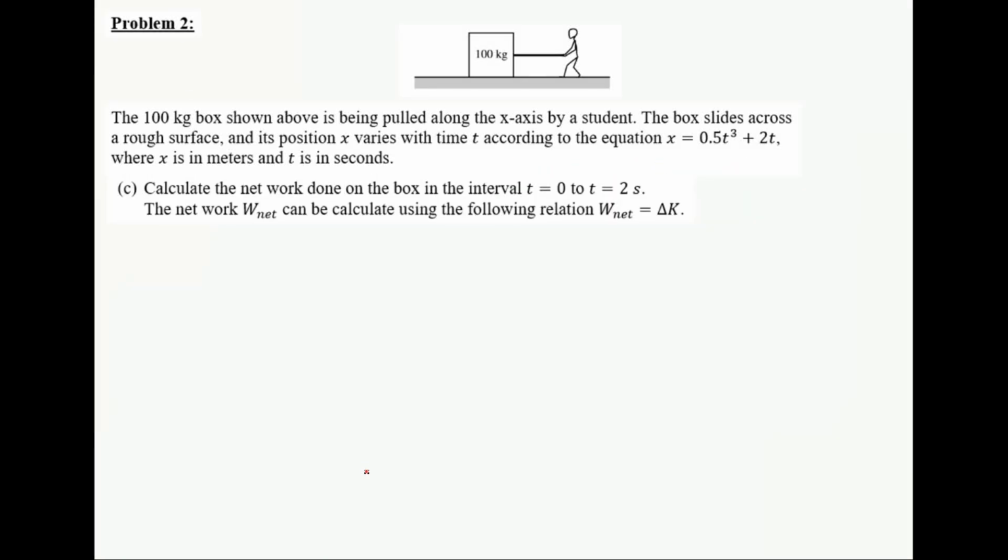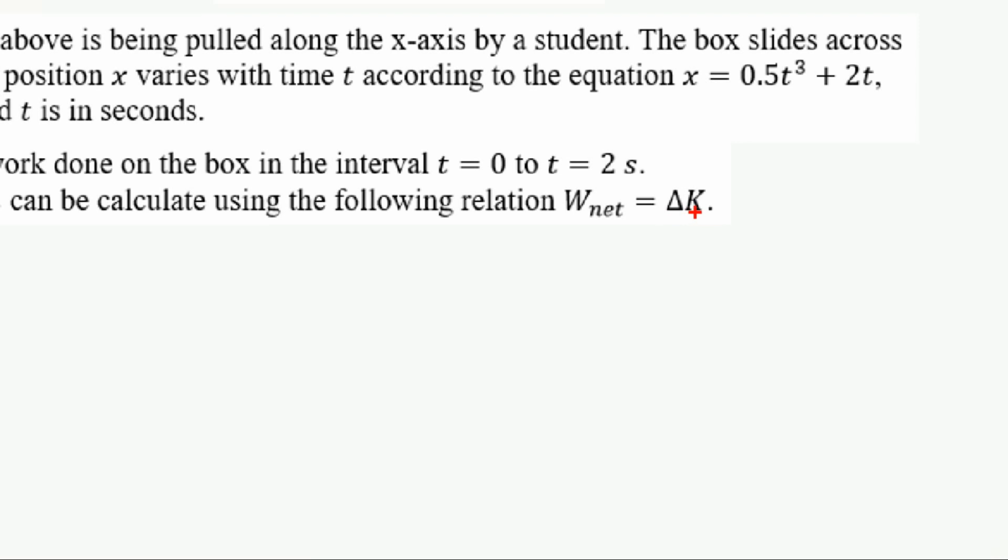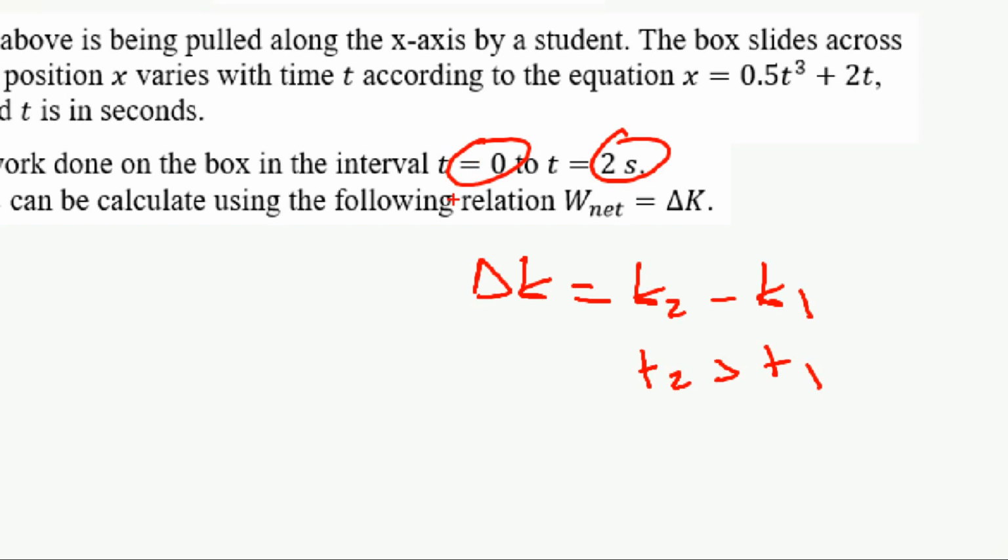And finally, the last part for this video, we need to calculate the net work done on the box during the interval 0 and 2 seconds, knowing that the net work can be calculated using the relation net work is equal to the variation of the kinetic energy. Delta K stands for K2 minus K1, which is K2 computed at an instant 2, and K1 is computed at an instant 1 such that T2 is greater than T1. T2 would be at 2 seconds and T1 would be at 0 seconds.